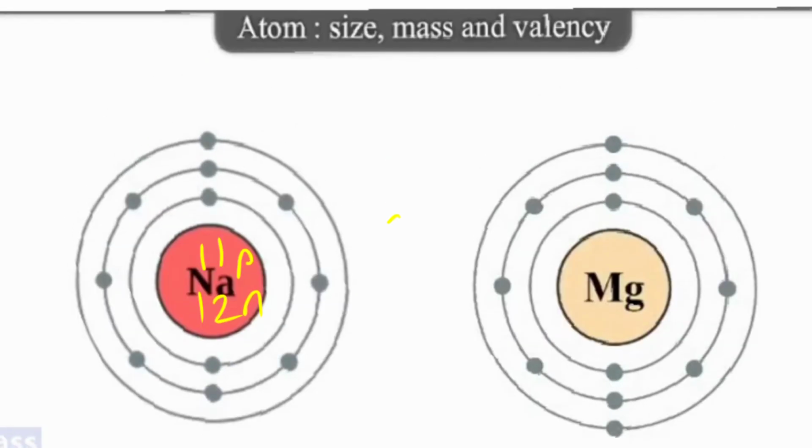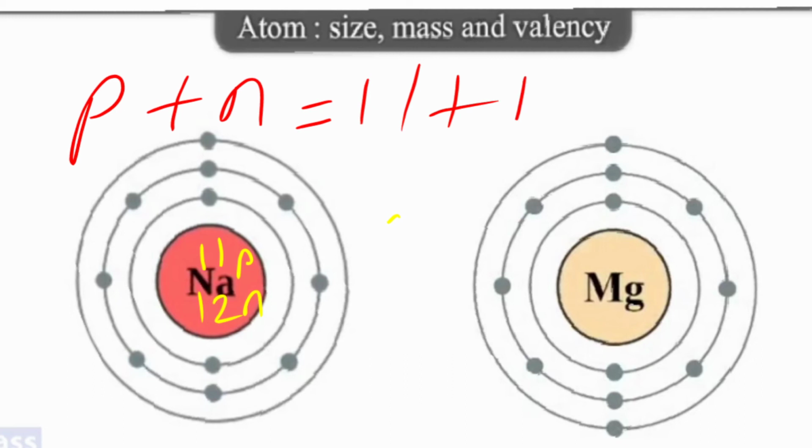Then the atomic mass will be P plus N, that is 11 plus 12, which is equal to 23, right? So 23 Dalton is the atomic mass of sodium.